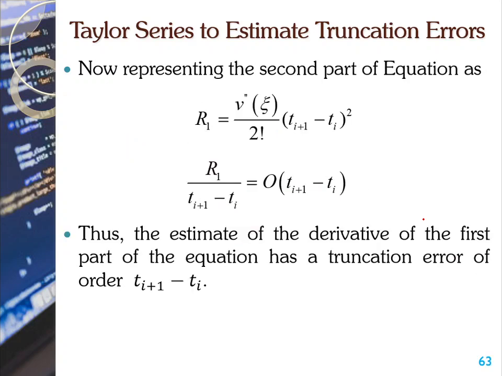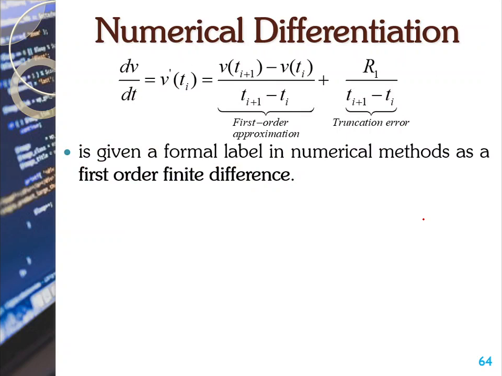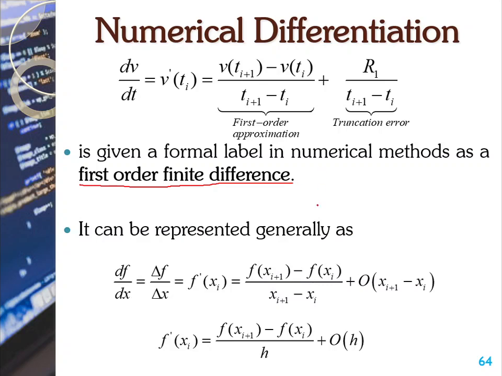The expression that we see here has a formal name in numerical methods, which is the first order finite differencing. We have finite differencing in about 3 ways, but this will be the general formula.